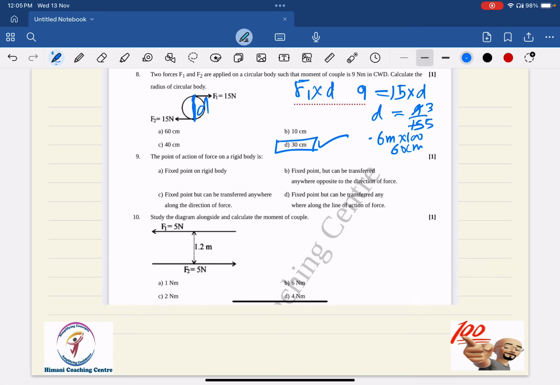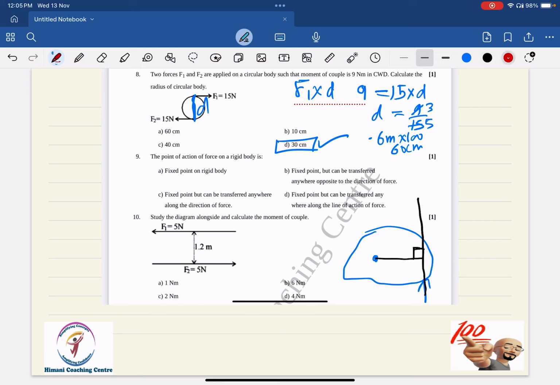Now, if you have read the concept, you will know that, let me just draw this. Let us say this is a body which is fixed here, pivoted here, and force is applied in this direction. So what is the line of action of force? It is this. And this point, it's perpendicular.